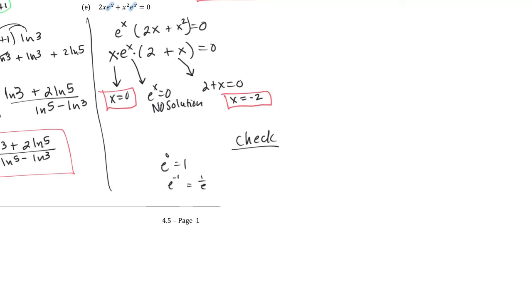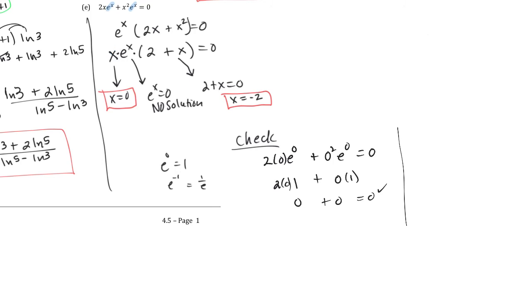When we put 0 in, we'd have 2 times 0 times e to the 0 plus 0 squared e to the 0 is supposed to equal 0. Well, e to the 0 is 1, so it would be 2 times 0 times 1, which is just 0. And then this would be 0 times 1, which is also 0. So that one checks out. And now let's do our other one.